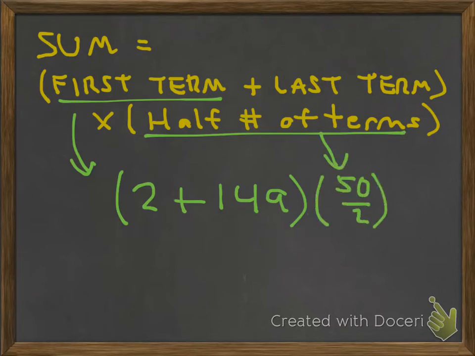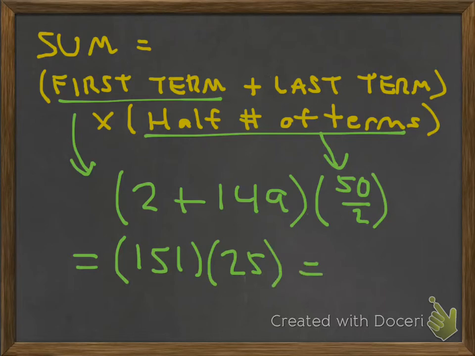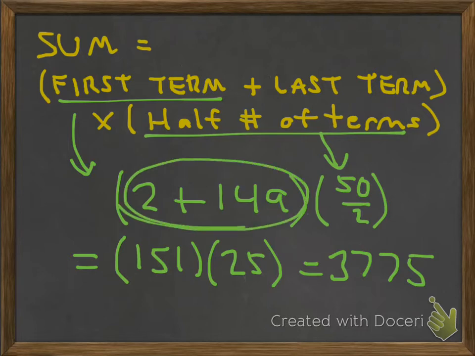That will tell me the number of pairs. So simplifying, I have 151 times 25. And in my calculator, I can see that this is 3,775. The biggest issue here is when you do this in your calculator, you need to add these first. These parentheses matter. So for classwork today, we're going to take a look at all kinds of problems that are sum of series, make use of the formulas, and make use of your notes here.